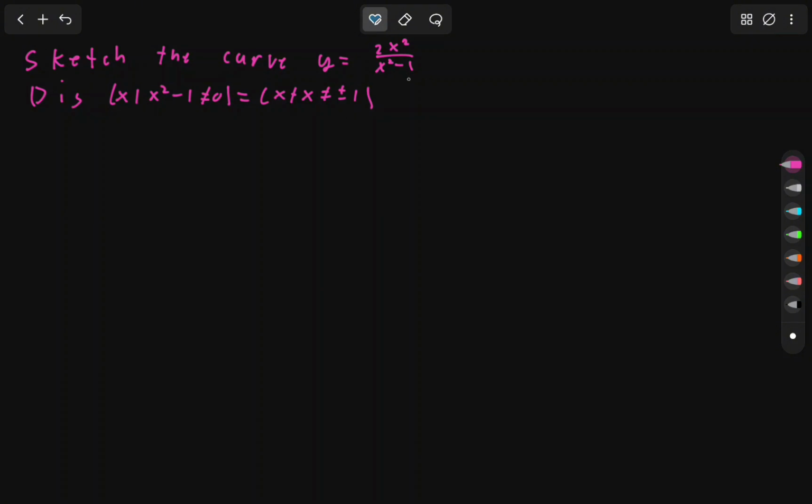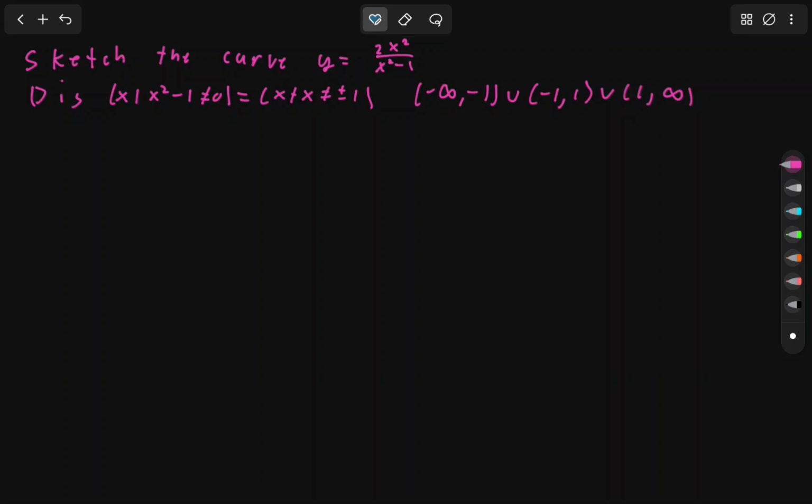So we know that the domain is going to be from negative infinity to negative 1, or negative 1 to 1, or 1 to infinity. All right. So now we want to find the symmetry, or see if there's symmetry in this.